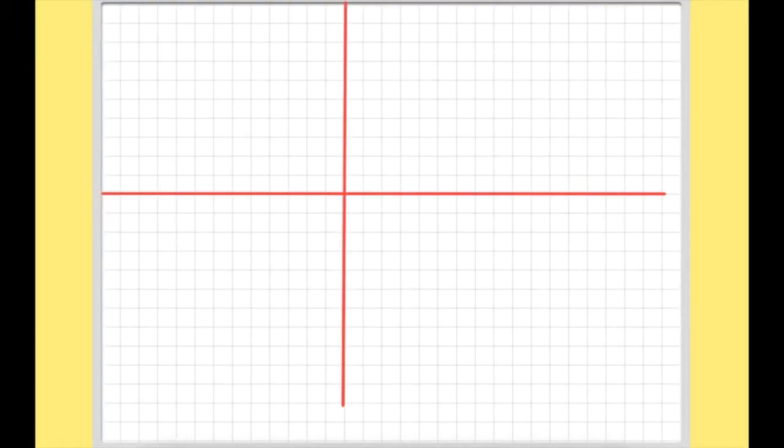Sometimes they'll give you a graph with 2 points on it. For instance, in example 3, they give you one with the point at (0, -5) and also a point at (3, -1).